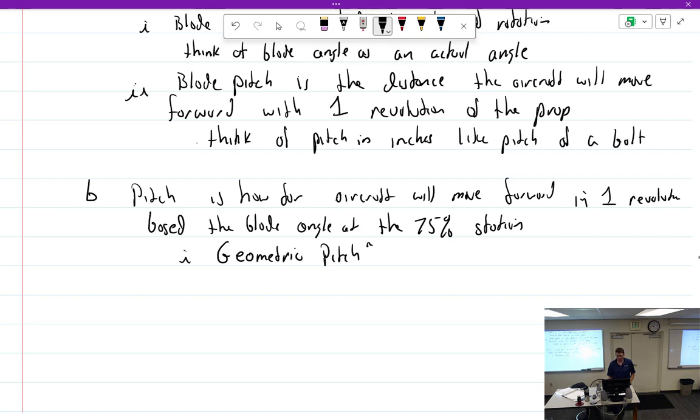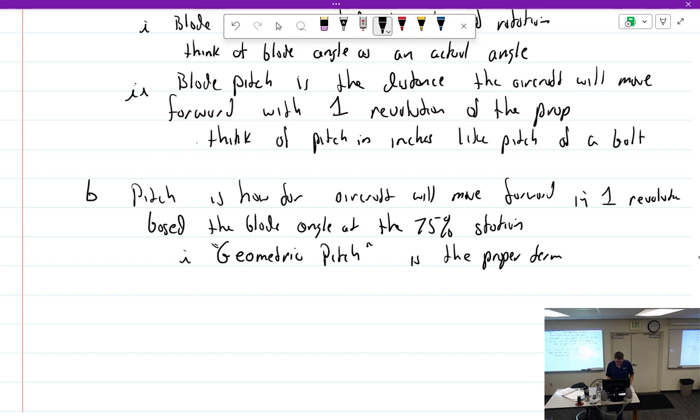Geometric pitch is the proper term, but you can just say pitch. I'm okay with it. Is the 75% station closest to the tip or the hub? You take the full measurement of the blade and 75% of that, so it's three quarters of the way out. You don't measure in, you always measure out.